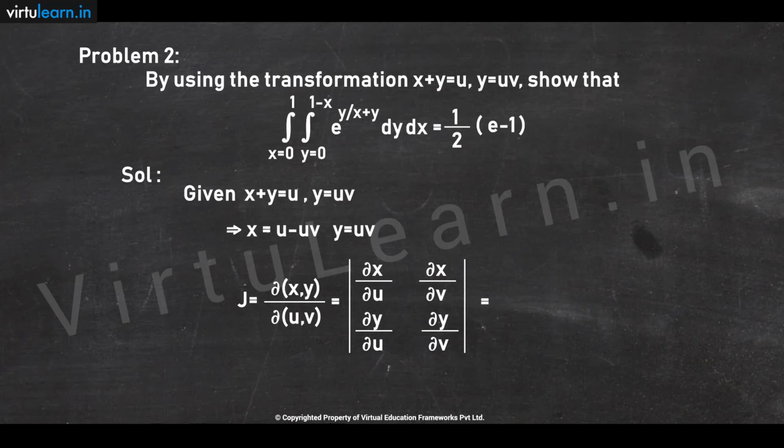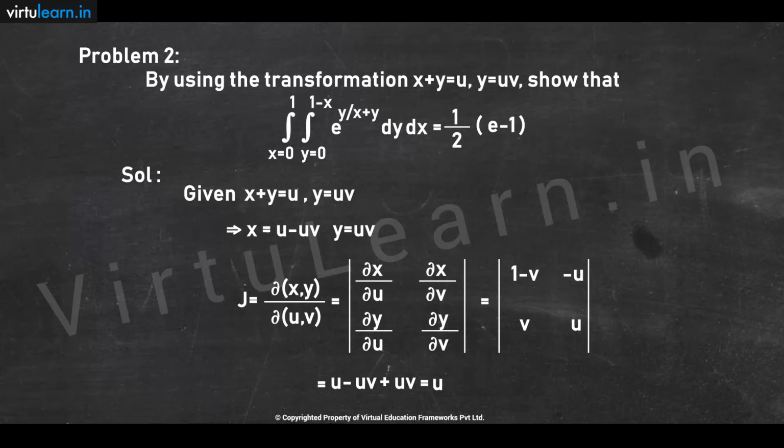That becomes the determinant with elements 1 minus v, minus u in the first line, second row v and u. So on simplification, it becomes u.